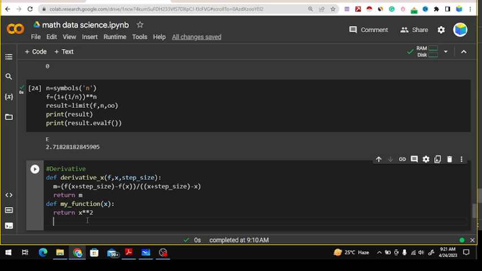Let's create another variable, slope_at_the_rate_of_2.